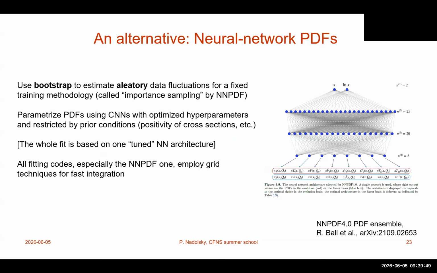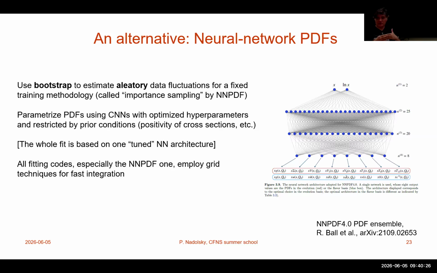They create, let's say, 1,000 replicas of the data that are exactly the same in all aspects, except their central values are fluctuated according to the statistical errors provided by the data. Then they fit these fluctuated data sets using a neural network, using cross-validation for each replica. And so they get a set of 1,000 solutions, which differ only in these random fluctuations.